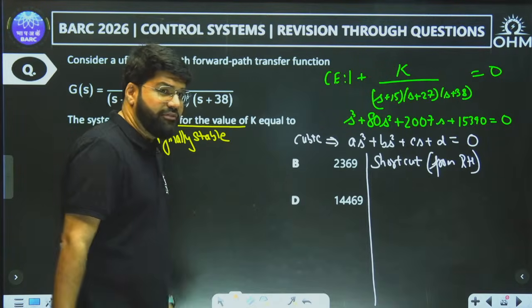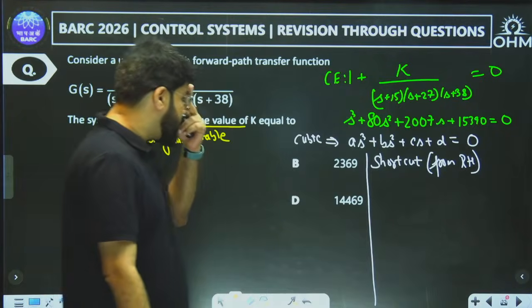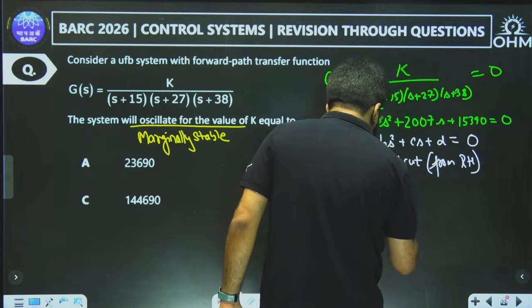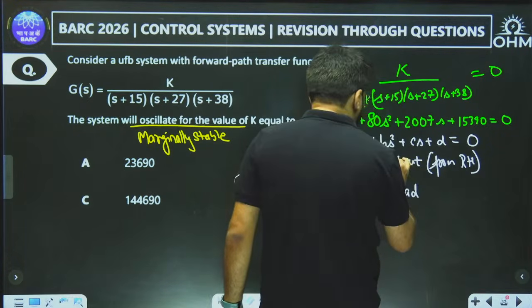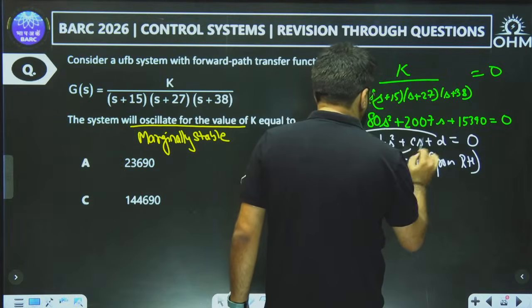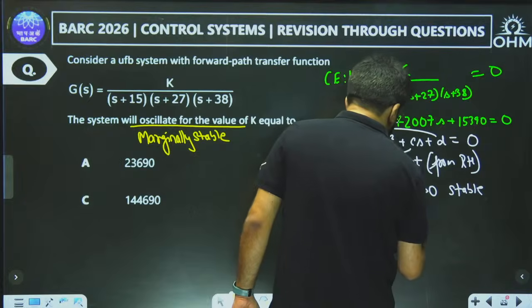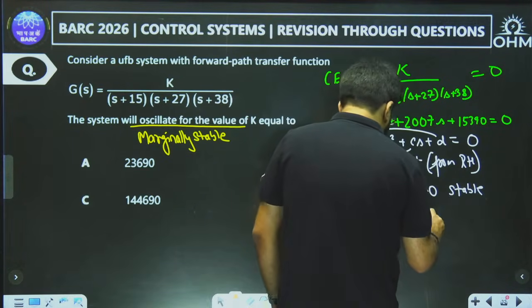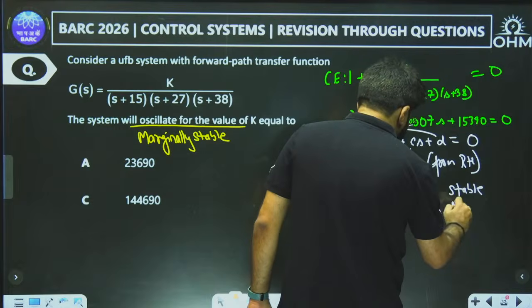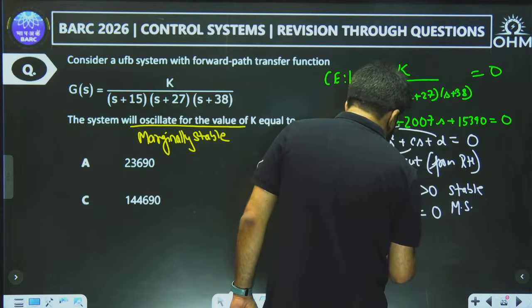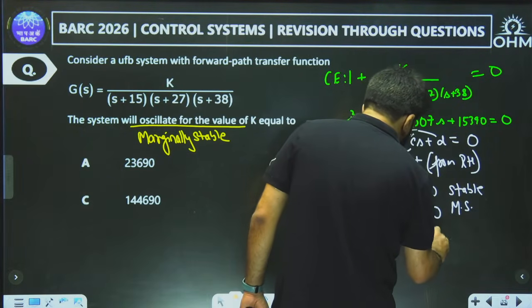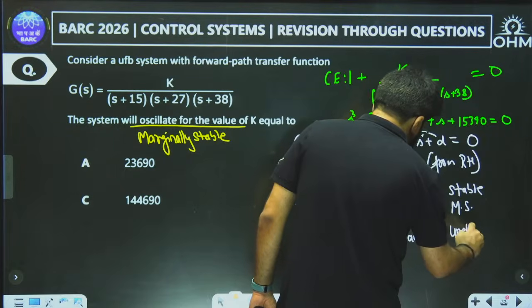Even in GATE 2026, there was a question on a cubic. What you can directly use is the product of inner and product of outer: inner means B into C, outer means A into D. If BC minus AD is positive, the system is stable. If BC minus AD is 0, the boundary case, the system is marginally stable. And if BC minus AD is negative, the system is unstable.